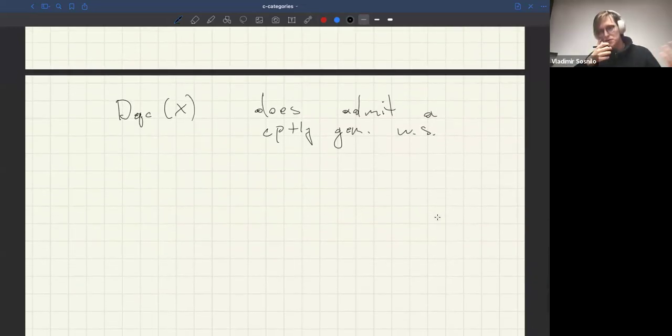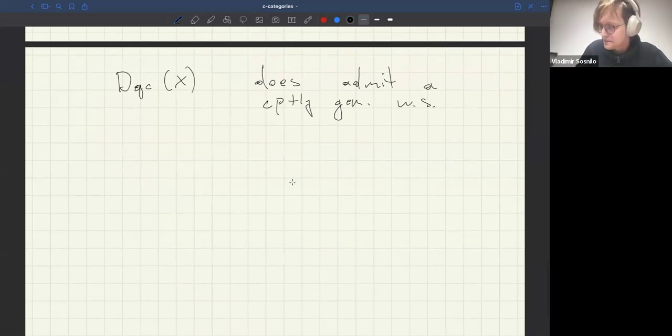But this is not too useful because, well, a priori, this is not too useful because we cannot control, like we're really interested in studying the small category of compact objects with this category. And now we're just saying that, okay, if we complete it, we get some structure that maybe does something, but it's not really clear what it does.